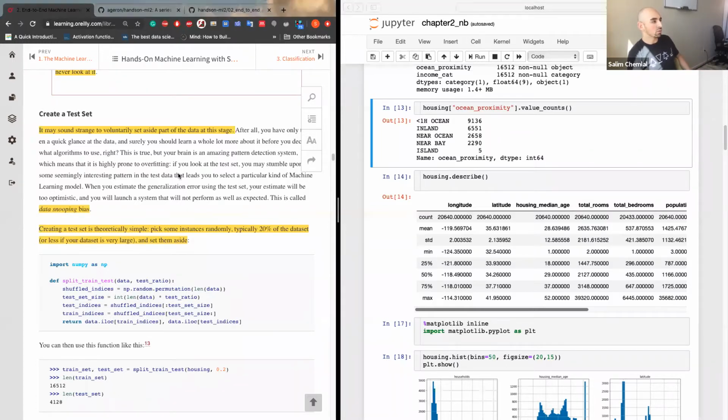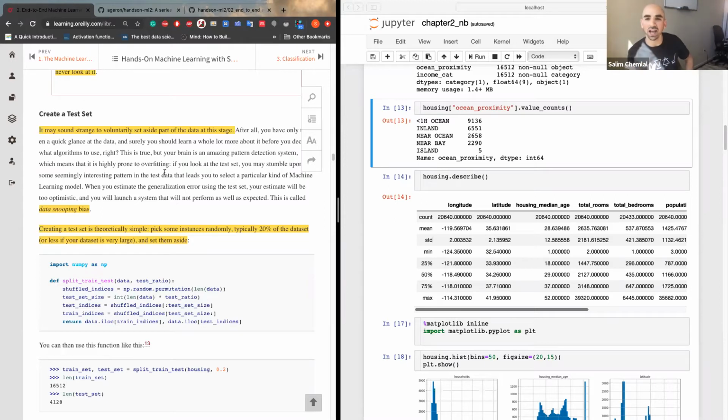Okay, so create a test set. Here we're splitting the test set as early as we are in this experiment, and that's very important. Why? Because we actually want to split the test set before we look at the data.